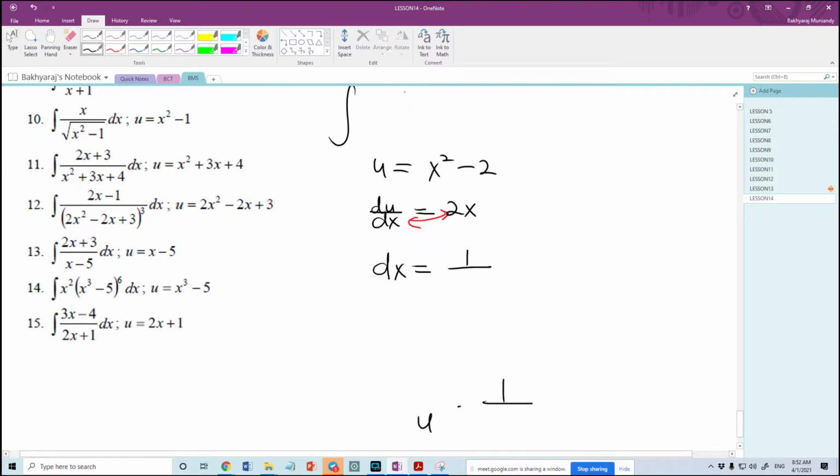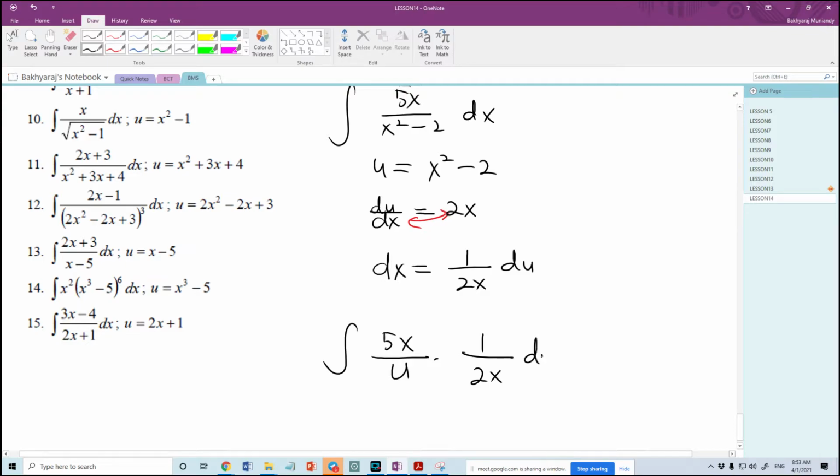Okay, integrate 5x over u, where u is x square minus 2, dot 5x over u dot 1 over 2x du.